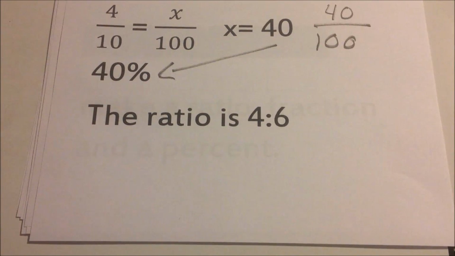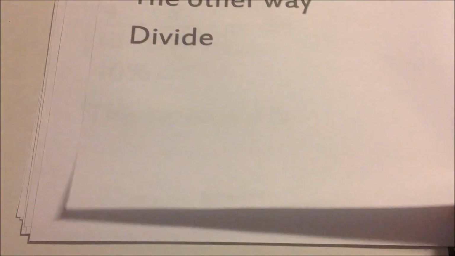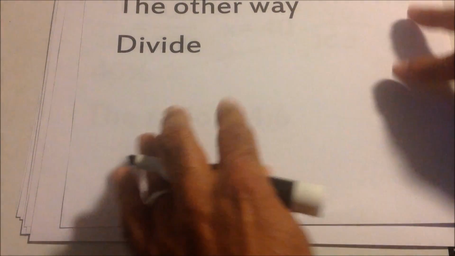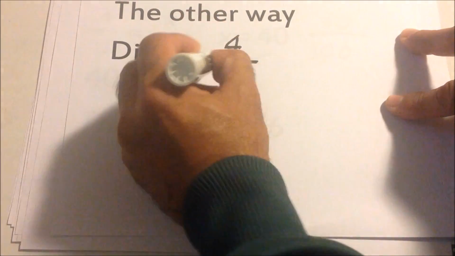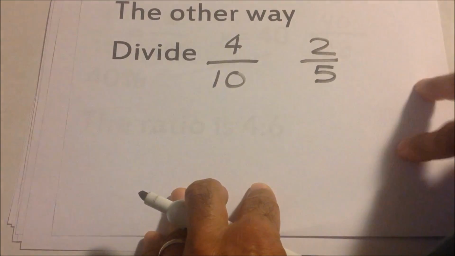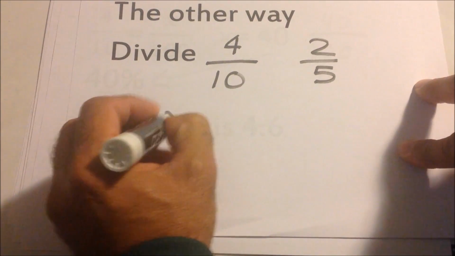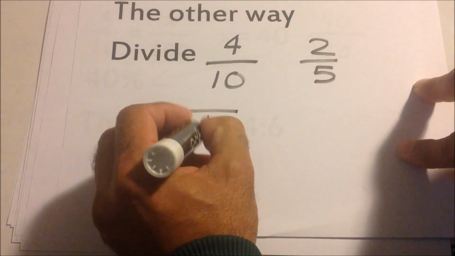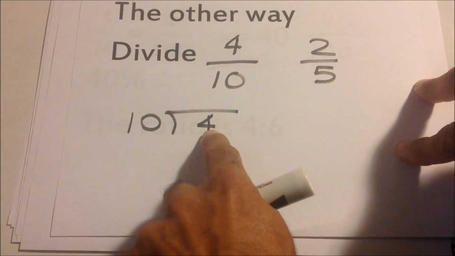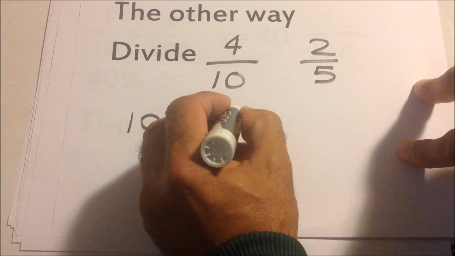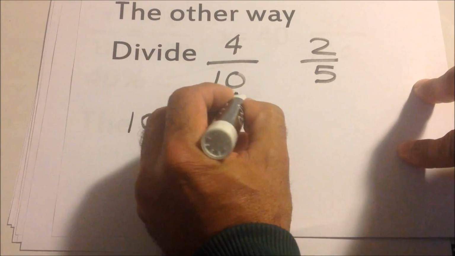Now, what's the other way? We did the other way by dividing. So we have 4/10, which you can reduce, by the way. You don't have to do it 4/10. You can do 2/5 also. Either way. So if we did 4/10, what goes in the box? The top number. 10 doesn't go into 4. Dot 0 extend, but 10 goes into 40. So you have 0.4.